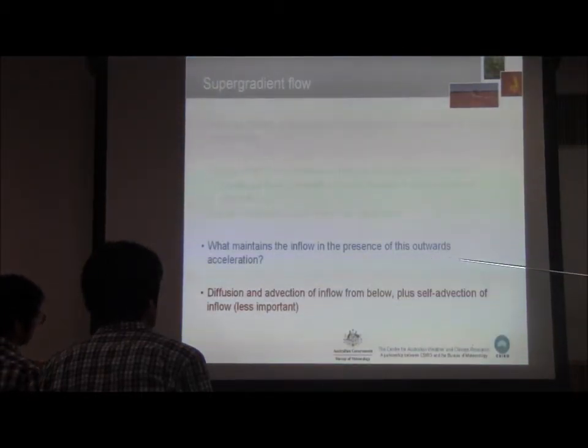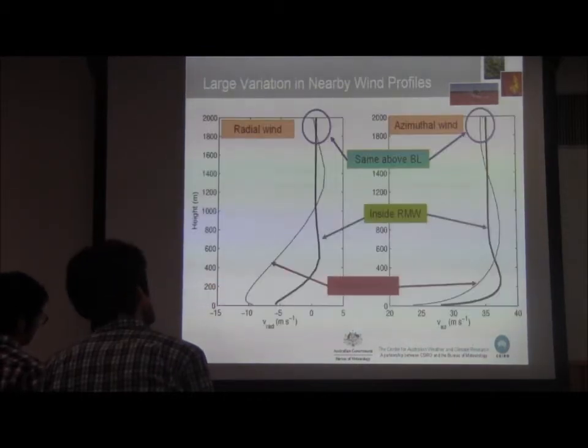So what maintains the inflow in the presence of this outwards acceleration? It's mainly diffusion and advection of inflow from below, plus a little bit of self-advection of the inflow. That's the u du/dr term.